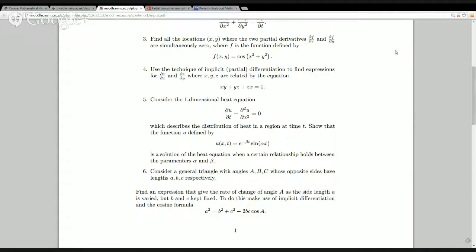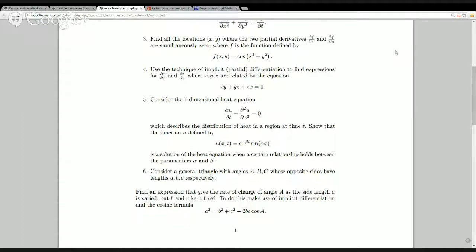Okay, but now you see we can get an expression here for dz dx by just saying that this is y plus z plus (x plus y) times dz dx, and that this is equal to 0.